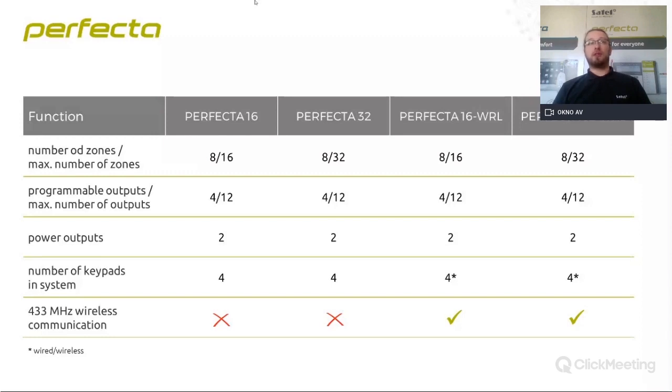Please remember that if you are using Perfecta 16 without the wireless solution, and for some reason you need to implement new wireless devices, you will need to replace the whole panel and change it to Perfecta WRL. There is no additional external module to connect and give wireless to the wired device.